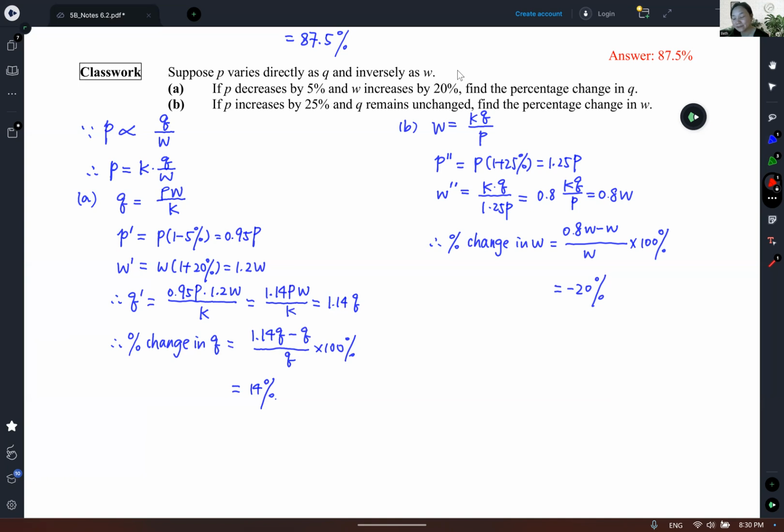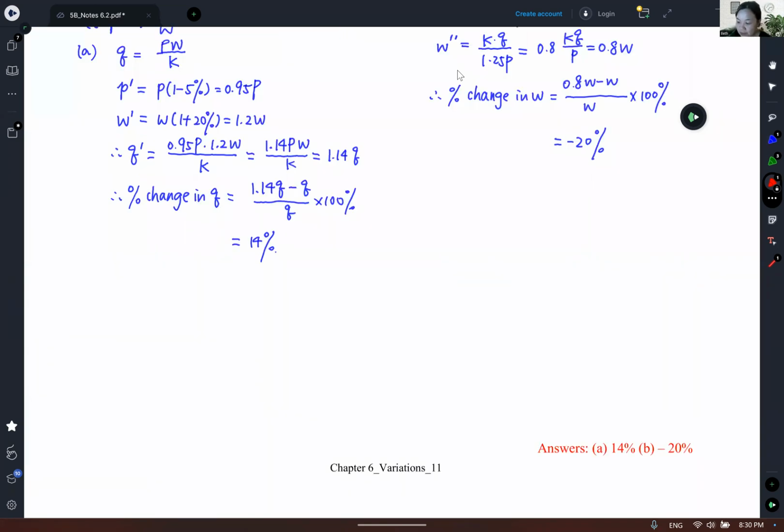So that's it. That is the joint variation, because we don't have any graphs involved. So it's only 3 examples. Is it fine? Now, before we move on, I want to point out one thing.